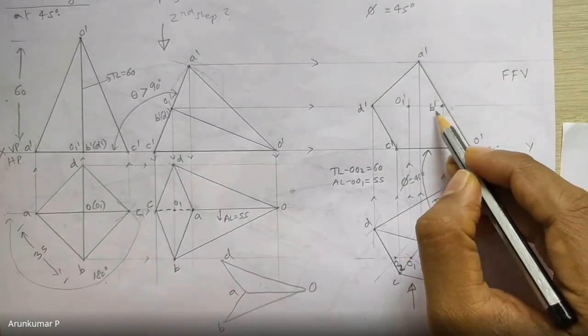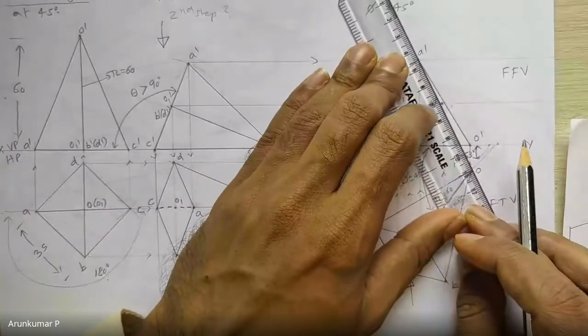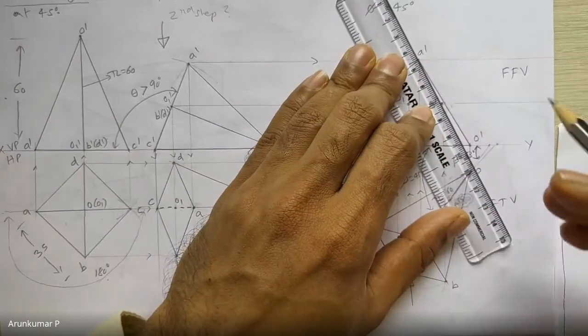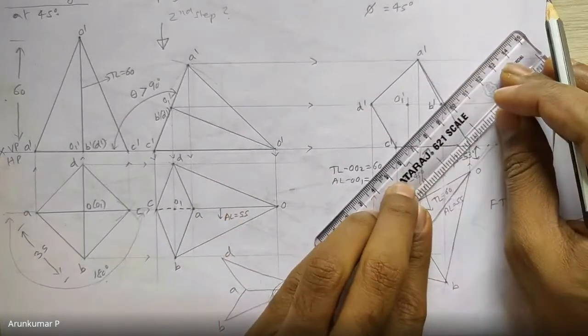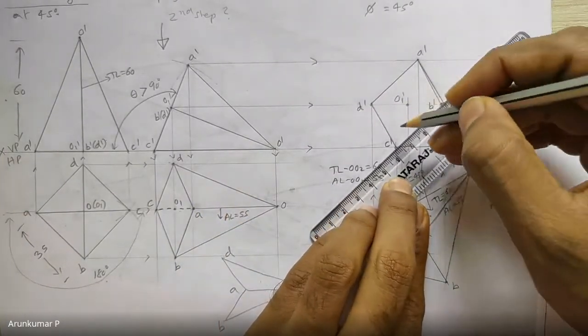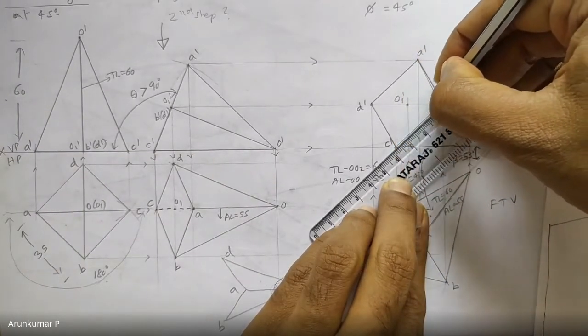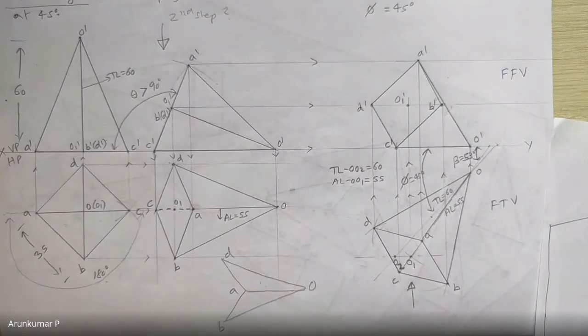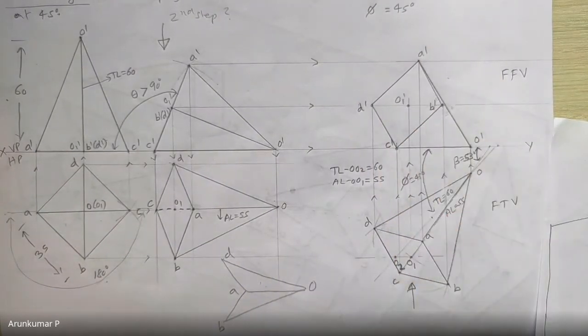What is left? B dash, C dash and B dash, A dash. Join them also. You can see here. B dash to A dash and B dash to C dash. So the base ABCD is completely seen in the front view.